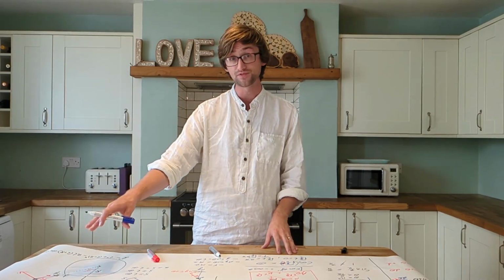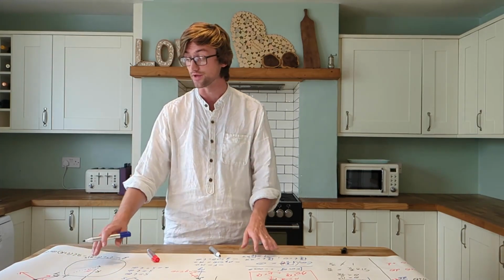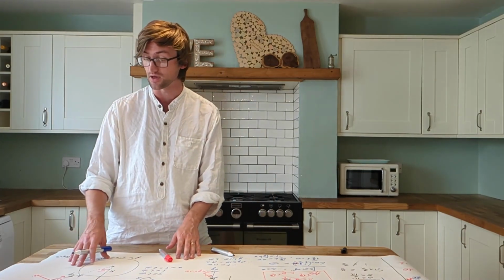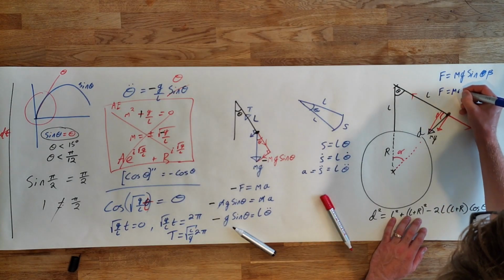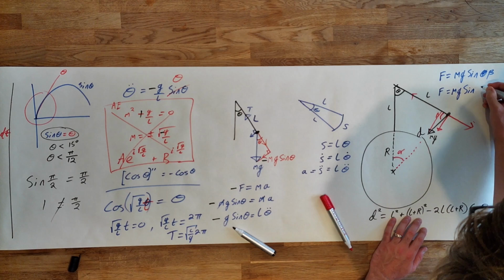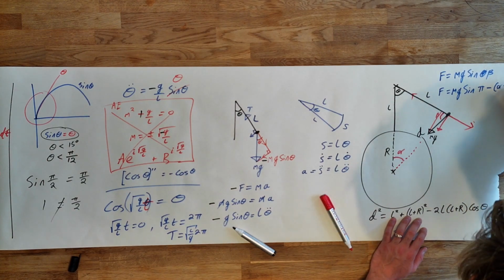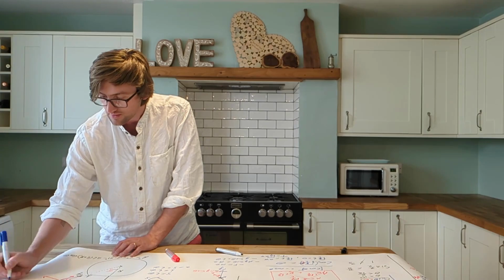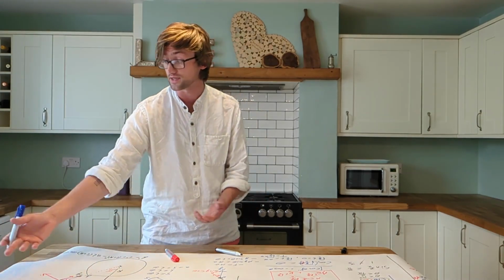Well, if I've got the sine of beta, I can calculate beta in terms of theta and alpha, because the whole triangle has to add up to pi. So that means we're going to end up with F is equal to mg sine of (pi minus (alpha plus theta)). And given that this is sine, I can rearrange that just to say sine of (alpha plus theta).